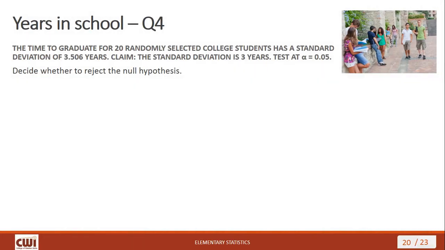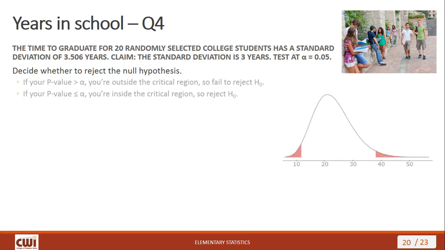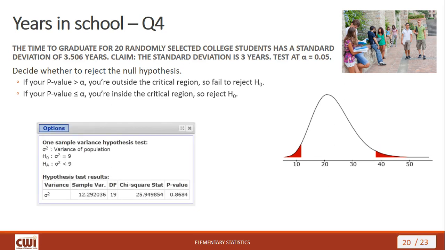Now we can decide whether to reject the null hypothesis. So, looking first at the p-value, if we're outside the critical region, we fail to reject H0. But if we're inside the critical region, we're going to reject H0. So, comparing our p-value with our alpha level, the p-value is going to come from our results window.